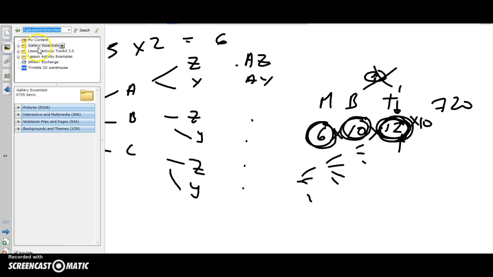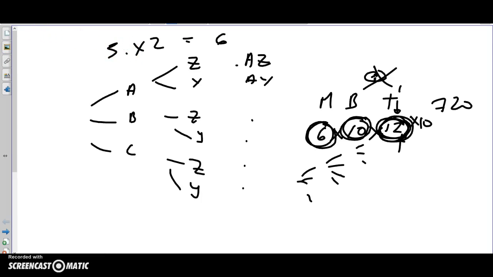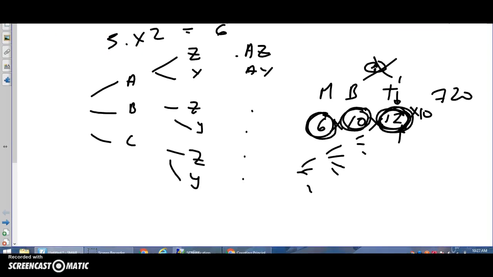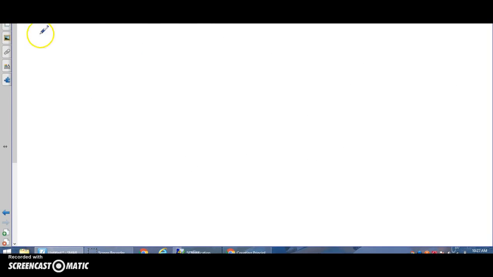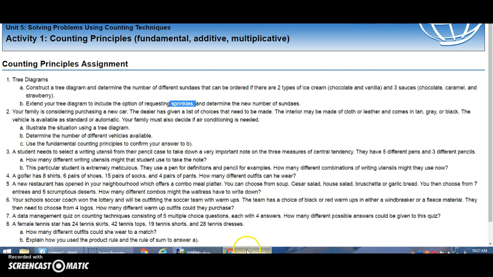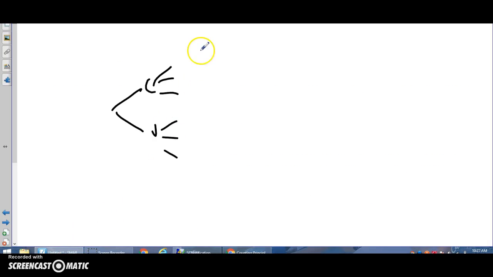If I have 2 options for one thing and then 3 options for the other thing, so here let's say it was chocolate and vanilla, and then the toppings were, let me do the actual question. Chocolate and vanilla ice cream, and chocolate, caramel, and strawberry sauces.